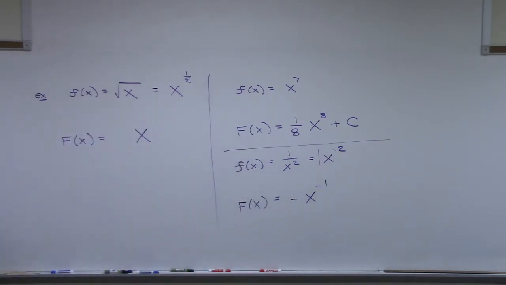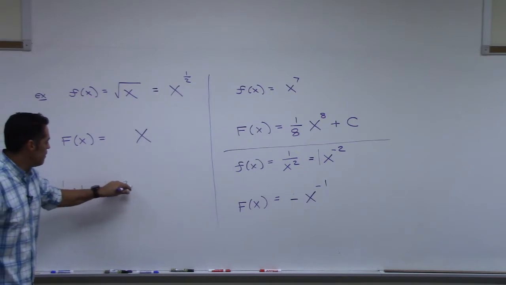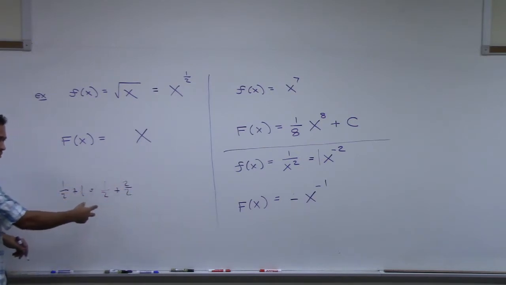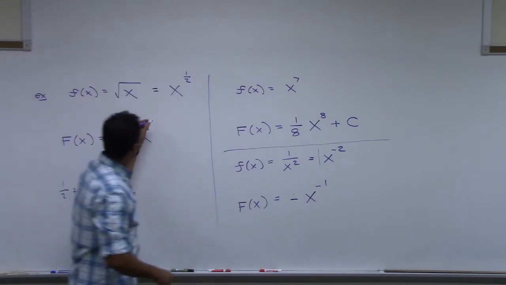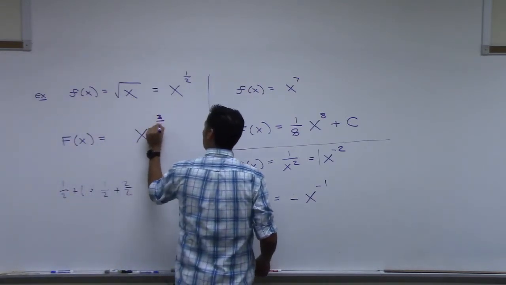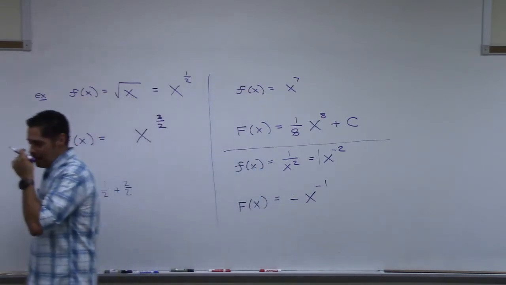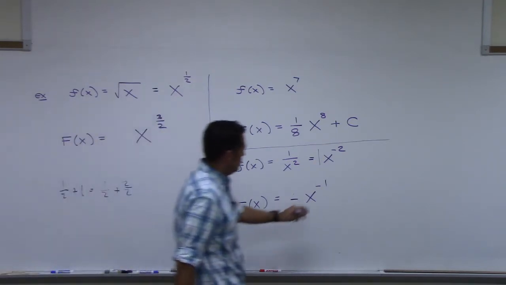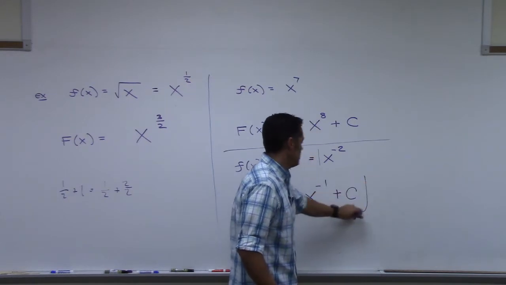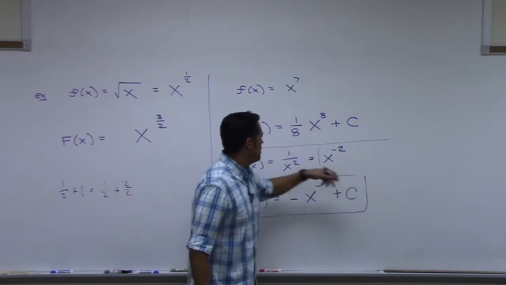It's 3/2, right? 1/2 plus 1 is the same as 1/2 plus 2 over 2, which is 3 over 2. So 3/2 is the new power. You with me or no? Okay. But if I take the derivative of that, oh wait, I forgot something over here. Plus c. You have to have plus c.